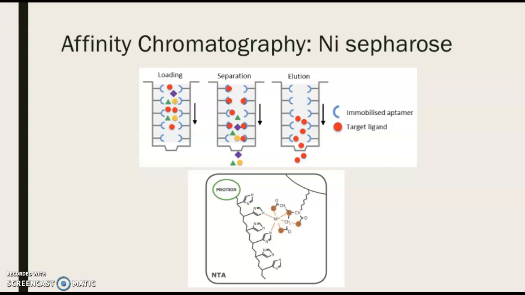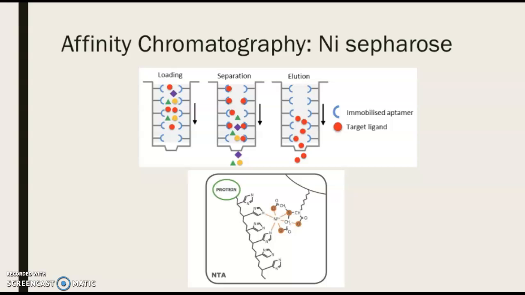And the thing that is bound to it is the nickel column. So when our fraction or the supernate is run through the solution, the only thing that should bind to it is these his tag proteins. This is because the his tags have a strong affinity, like how tightly it's bound to the nickel column.